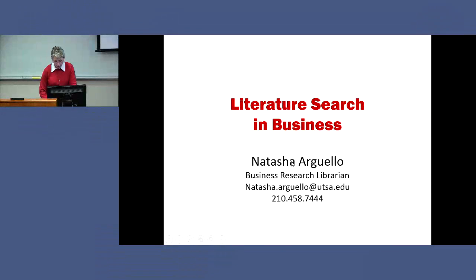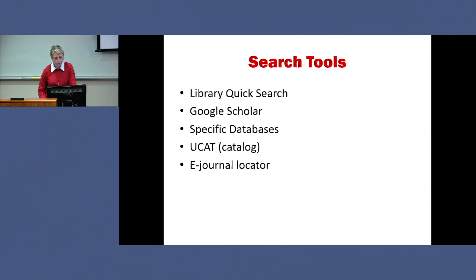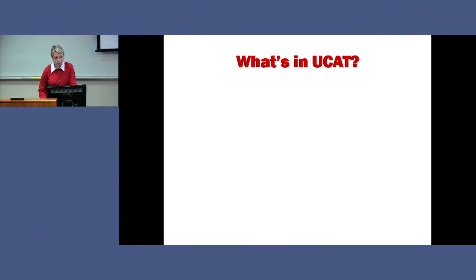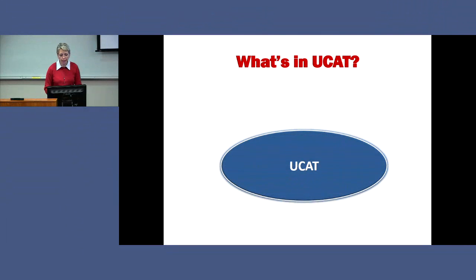So if we look at the tools that we discussed, let's see what's in UCAT. So UCAT, as I mentioned, is our tool to search books and e-journals, and also any other physical items that we have at the library, such as DVDs, VHS, and so on.